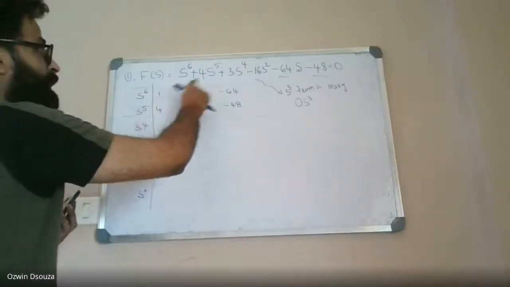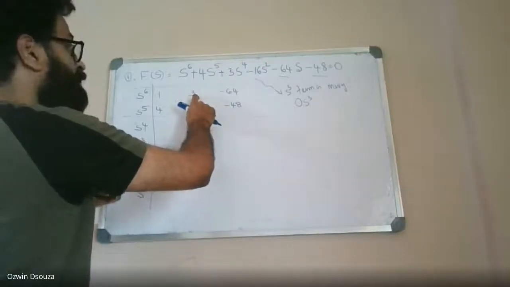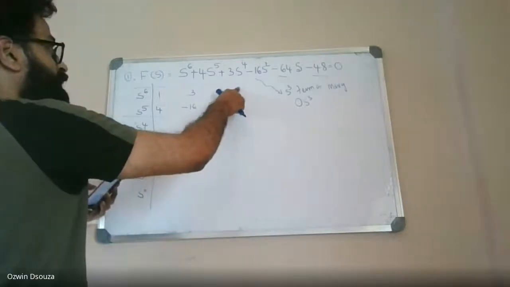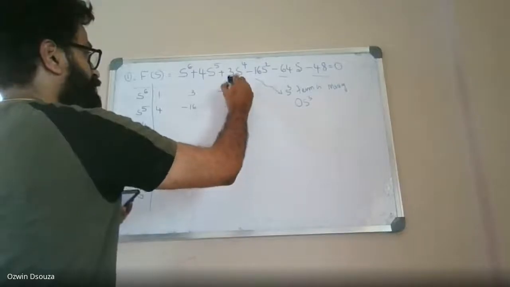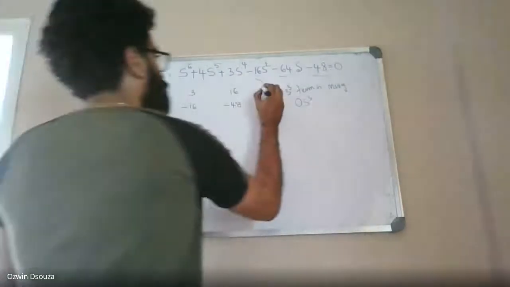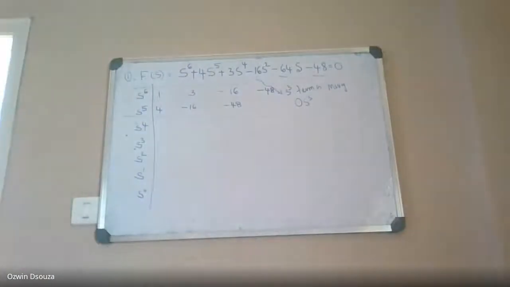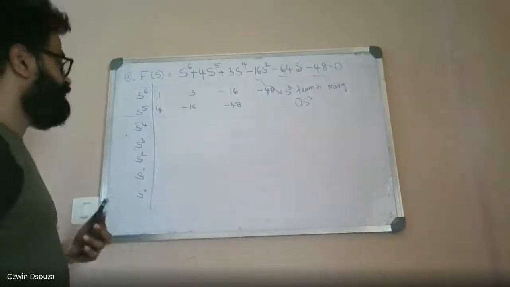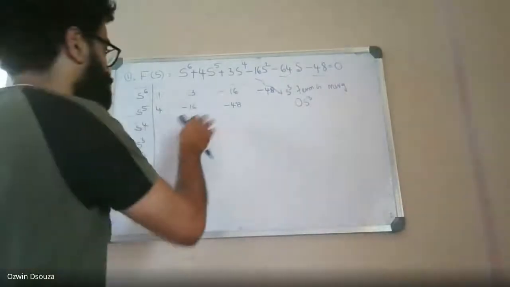So 1 and 3, and then minus 16, because after 4 you have s to the power 2, which is s squared. And then minus 48. So this was the mistake. Somehow I felt uncomfortable while filling up the table, so that triggered me.